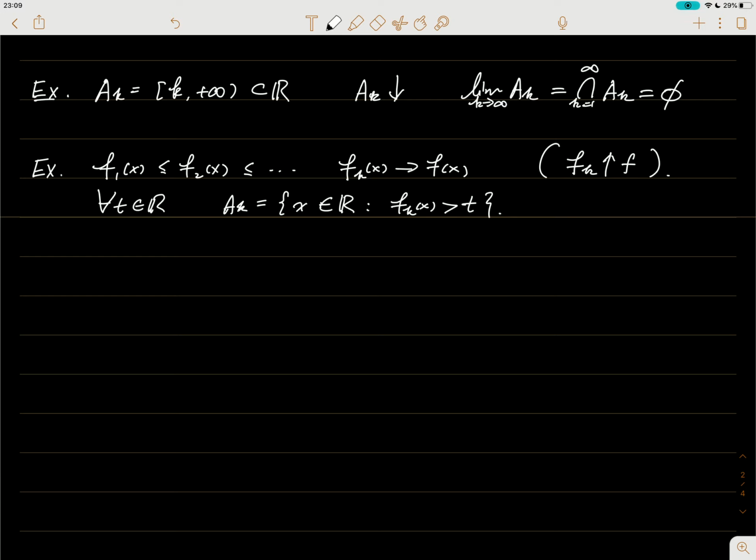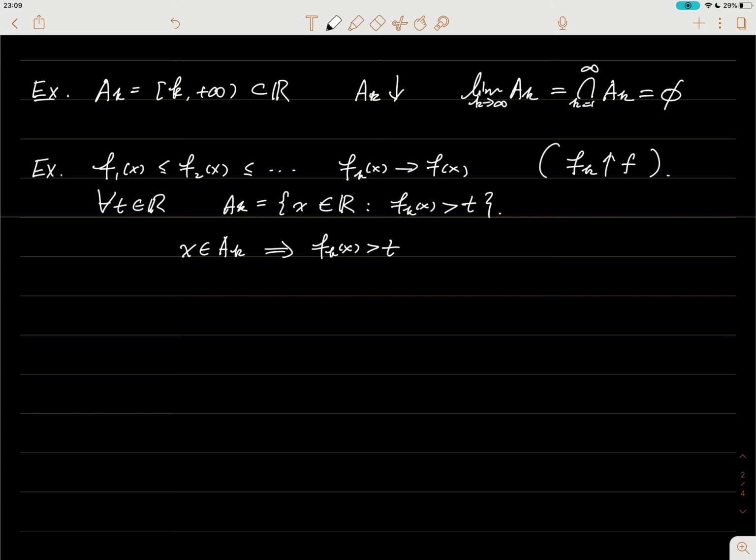I'll claim that this A_k is non-decreasing. The reason is that your f_k is getting larger and larger. If there's some x that belongs to A_k, that just means that f_k of x will be bigger than t.